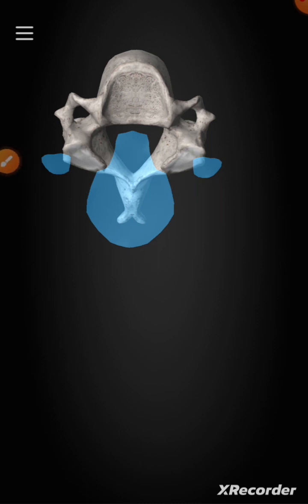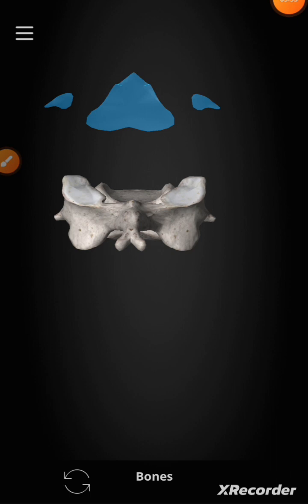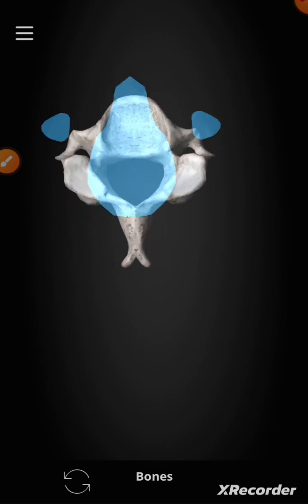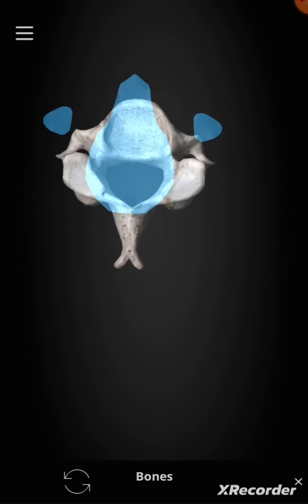Now the lamina is a thin bony plate. They are directed backward and medially and extend behind as a spine.